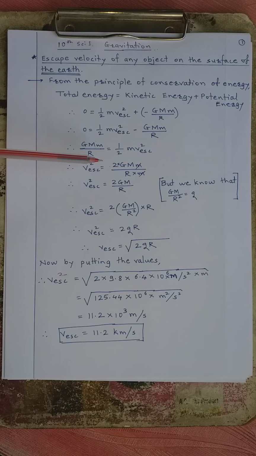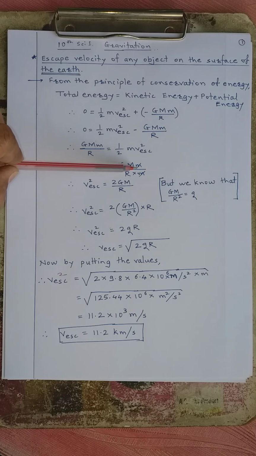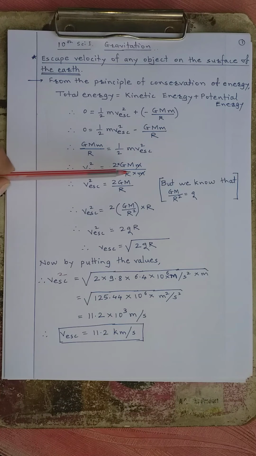Then we will get 2 into GM, small m divided by r into small m. This small m present in the numerator and denominator will cancel each other, therefore we will get v² is equal to 2GM divided by r.